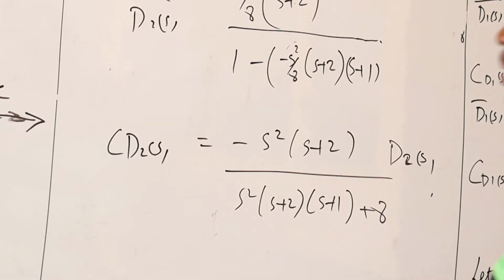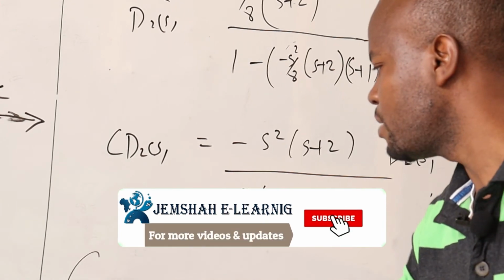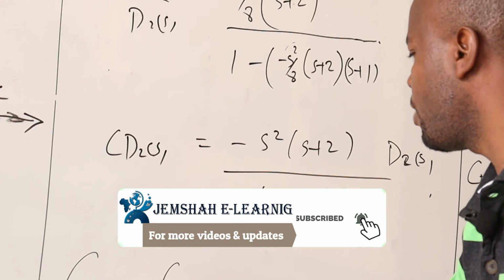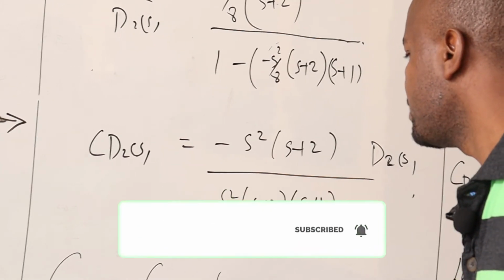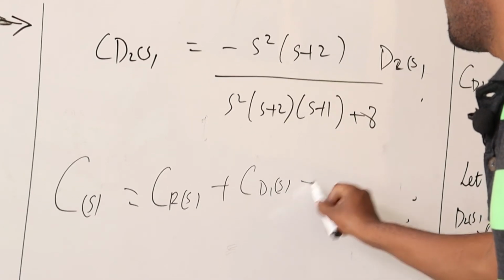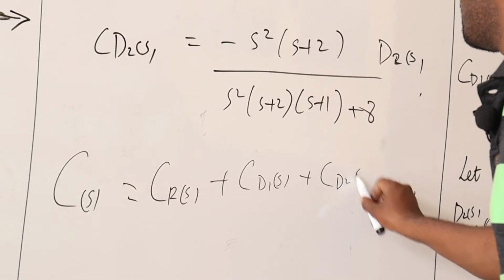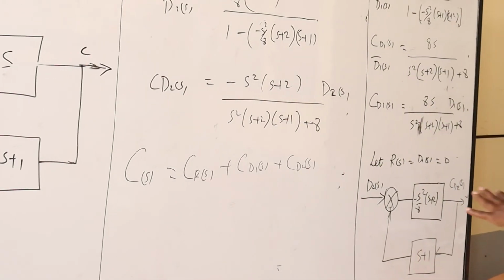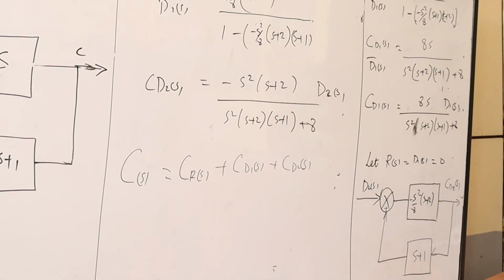So from there, we can now get C of s, which is the overall output, which will be given by C R of s plus C D1 of s plus C D2 of s, which is simply going to be what we had before.